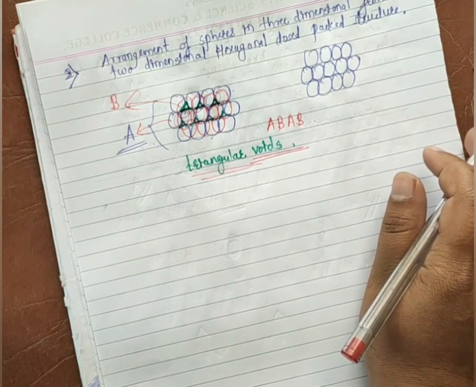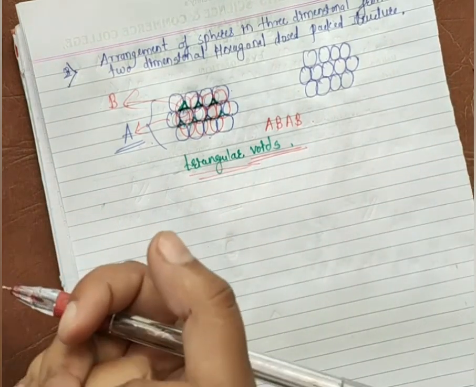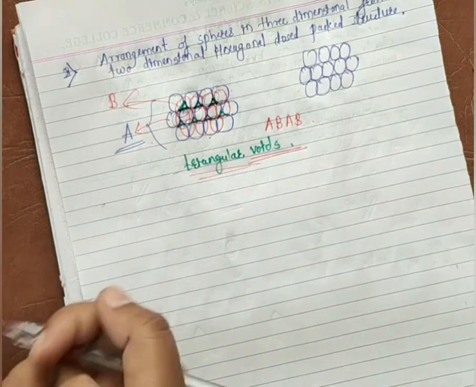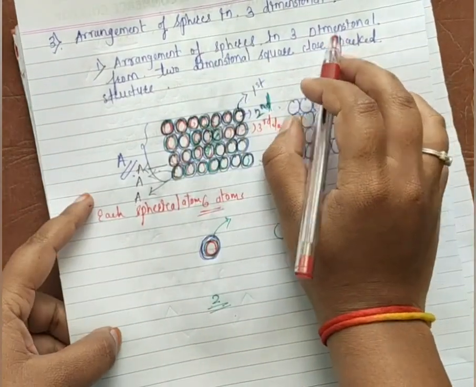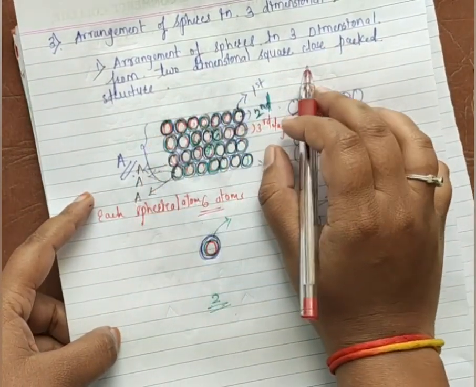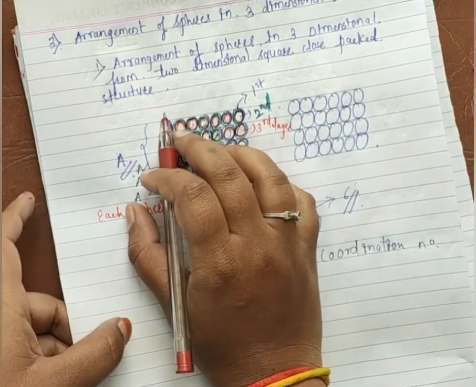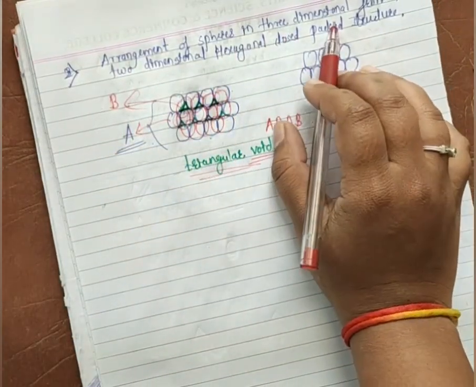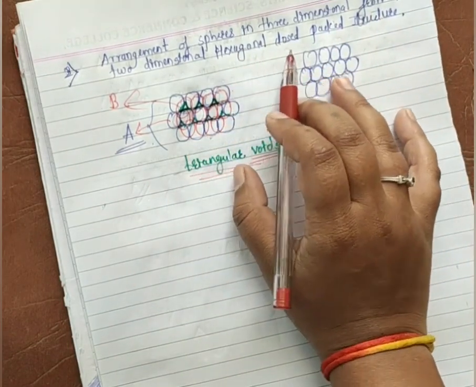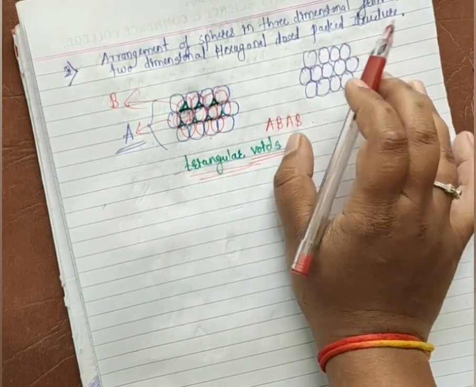So first you should remember that in the three-dimensional close packed structure you have two types. First is the arrangement of spheres in three-dimensional from the two-dimensional square close packed structure, and second is the arrangement of spheres in three-dimensional from the two-dimensional hexagonal close packed structure.